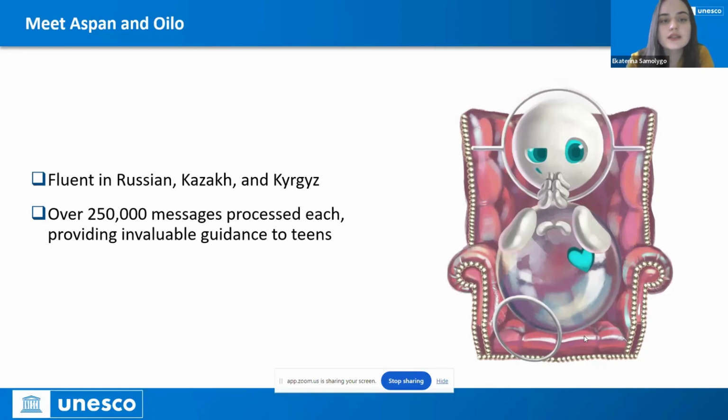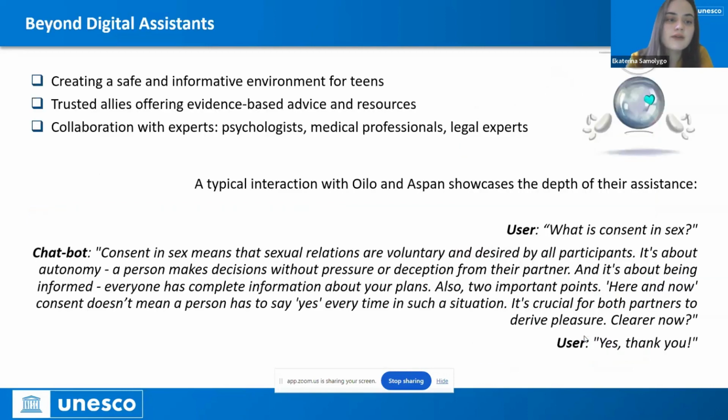Behind the scenes, we have a team of experts, psychologists, medical professionals, and legal experts who ensure the accuracy and empathy of SPAN and law, and from providing medical advice to debunking myths, these experts collaborate to empower teens with reliable information.